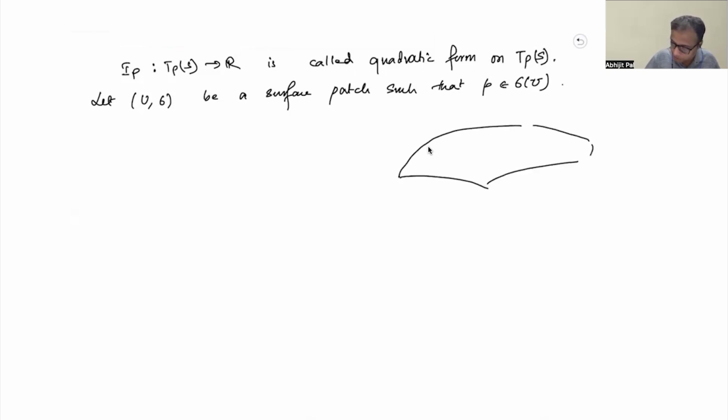Suppose this is my surface and this is my point P, and I have this surface patch.